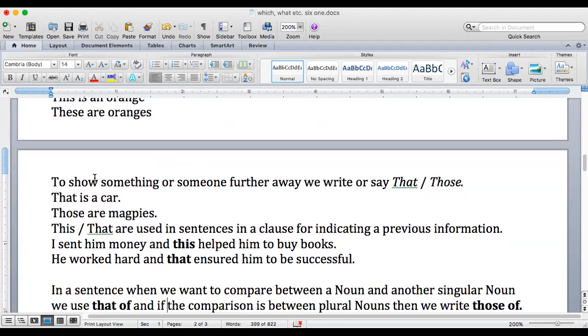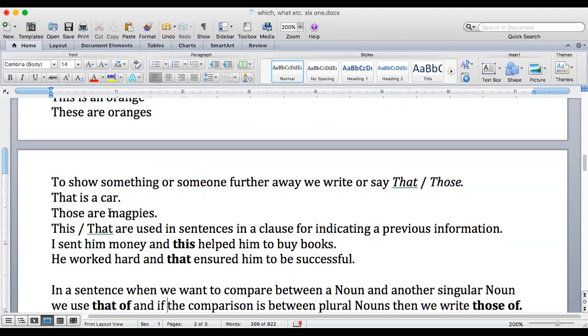Then to show something or someone further away, we say that or those. That is for a singular item and those are for a plural item. So that is a car. It is further away. You're not touching the car. So we say that is a car. And those are magpies. Magpies are birds. Can you touch them?